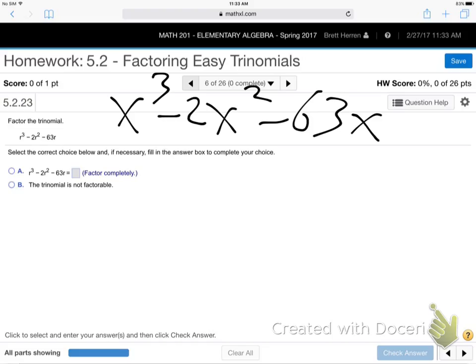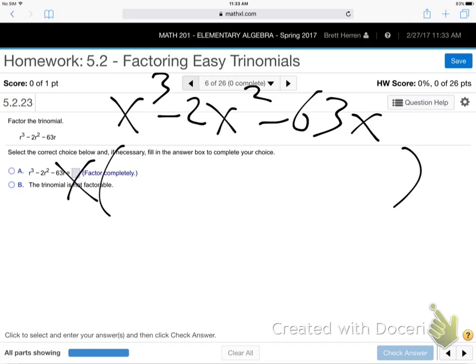So you do the one big parenthesis, right? So put the x in the front, one big parenthesis, because they all have one.